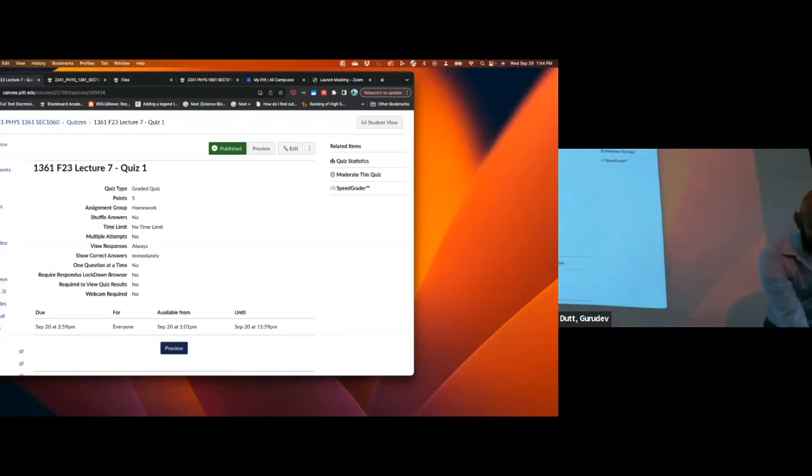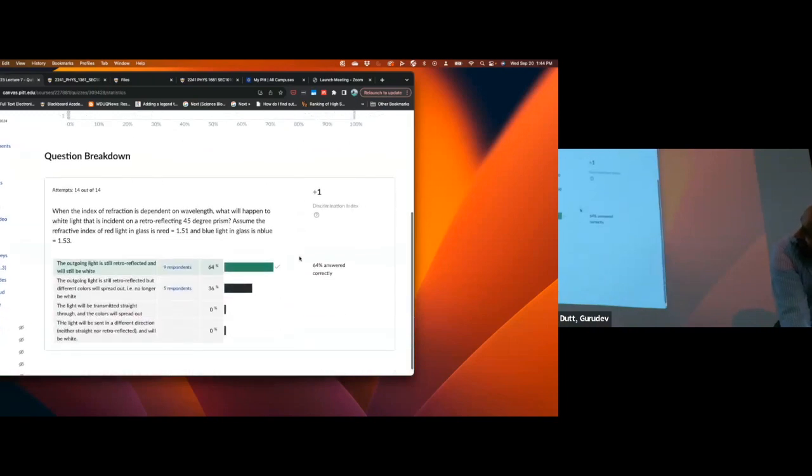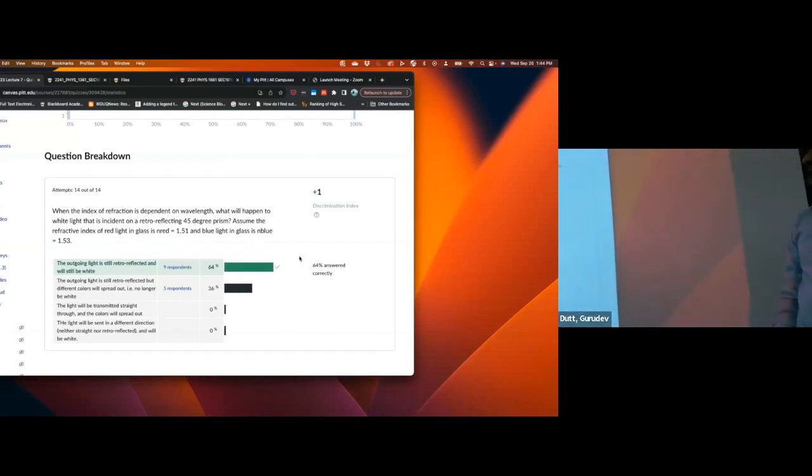All right. So if you've all entered your answers, I'm curious to see. Still reflector, still white. 9 to 5. Okay, very nice. Okay, interesting. But I feel like there are more people. Wait a minute. Some of you are just waiting to hear the right answer before you put it in.